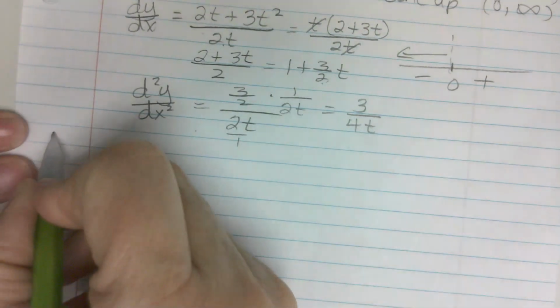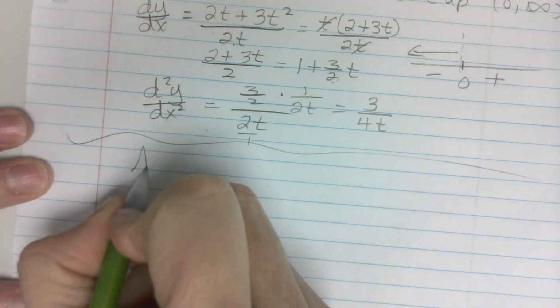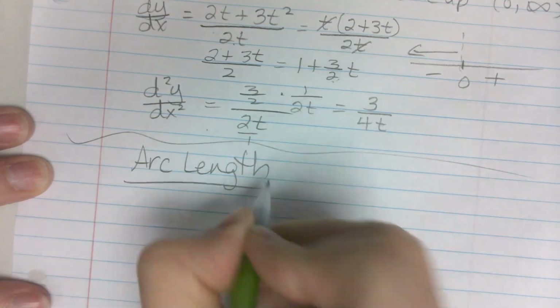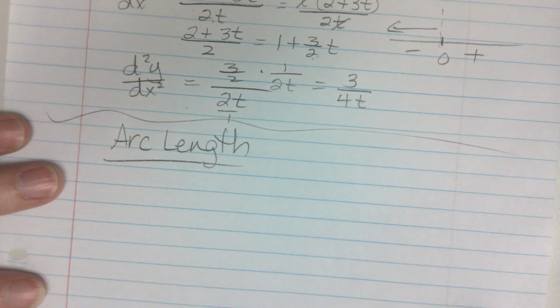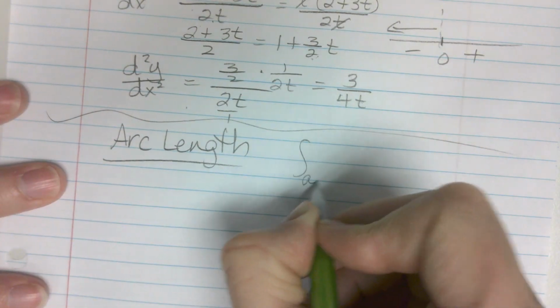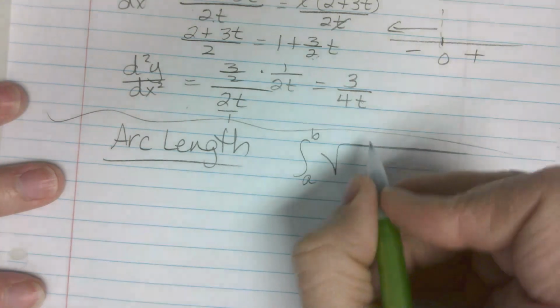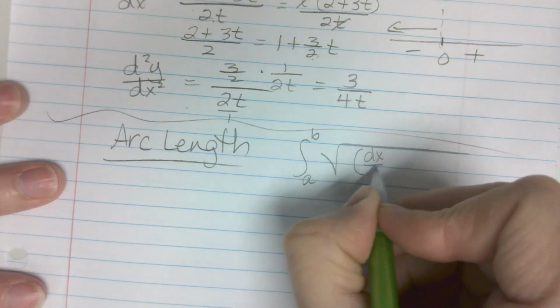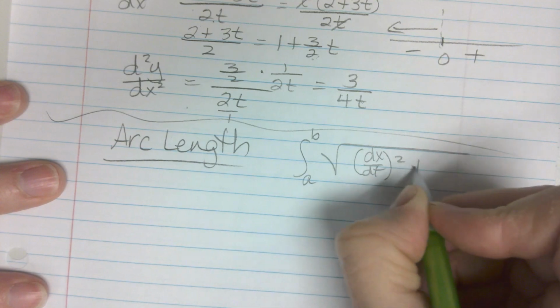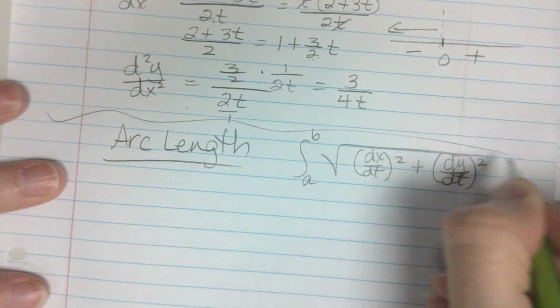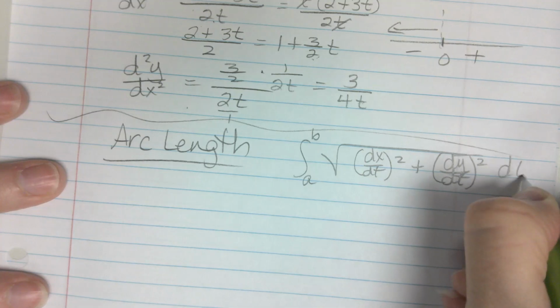The second type is arc length. And I did give you that formula last time, I'm pretty sure, right? Yeah. It's an integral a to b square root of what? dx/dt quantity squared plus dy/dt squared. You were right on a regular arc length, right?